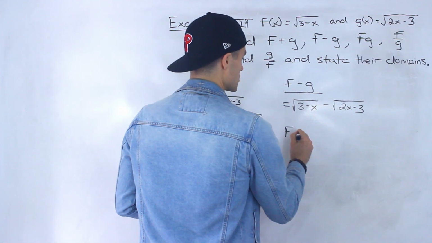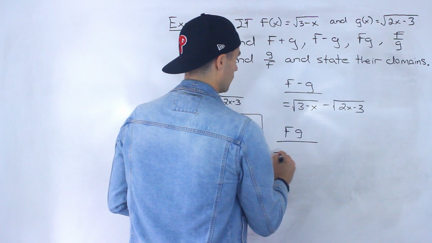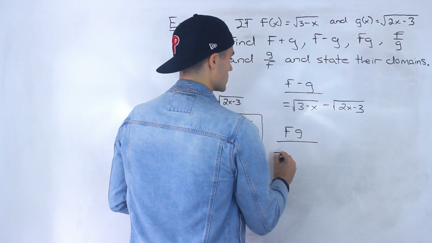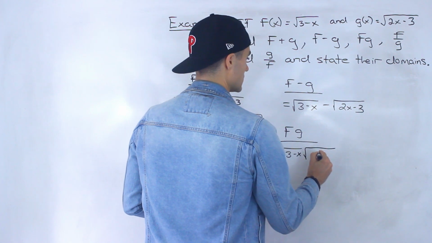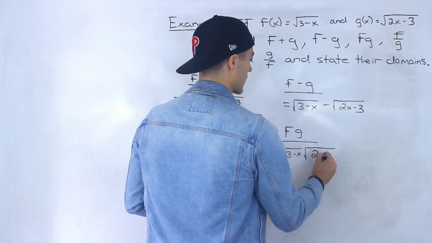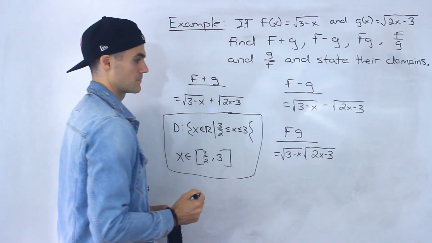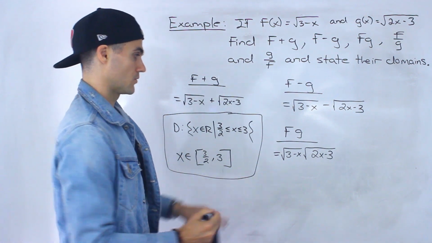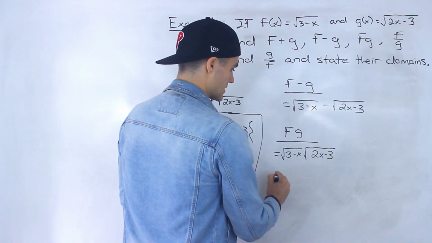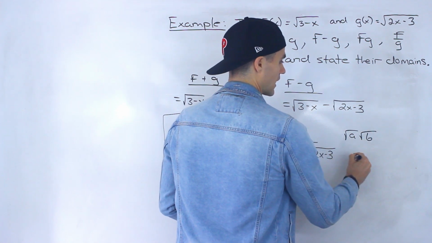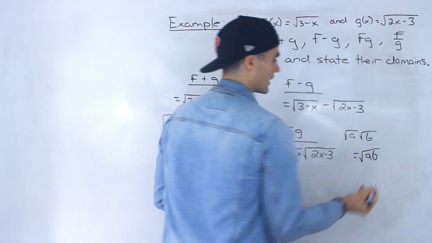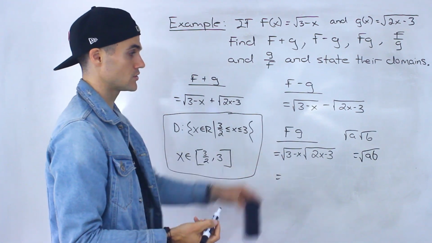Now f times g, we would end up having the square root of 3 minus x times the square root of 2x minus 3. And so here we can leave it like this, but whenever you're multiplying two things under a square root, you can actually just combine them as well. That's a law that you can use.